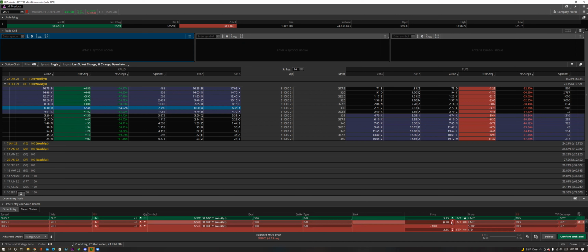So as you see, I'm moving a little bit here. Sell at the price, first target 330.